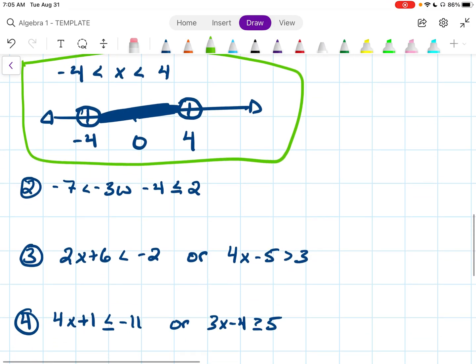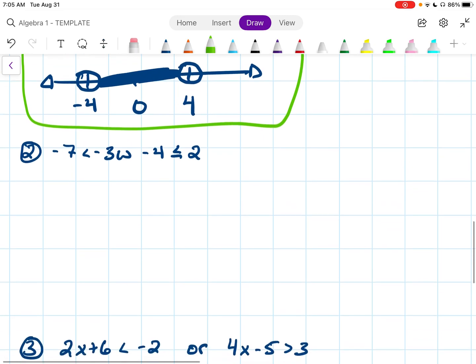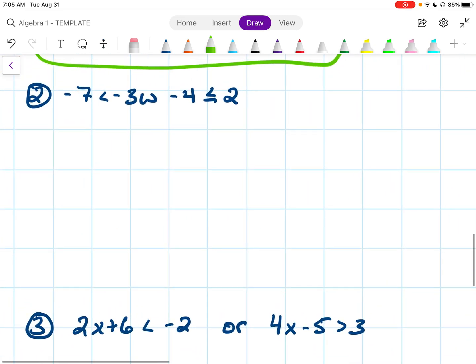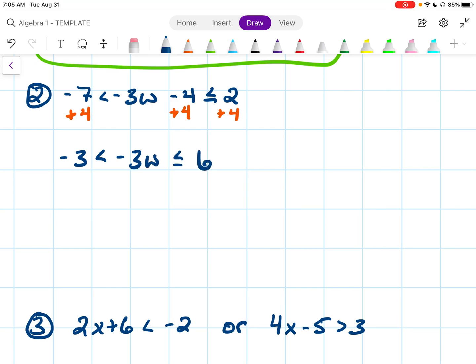Next up, number 2. I'm going to need to start off by adding 4 to all 3 sides. That gives me negative 3 is less than negative 3w is less than or equal to 6.